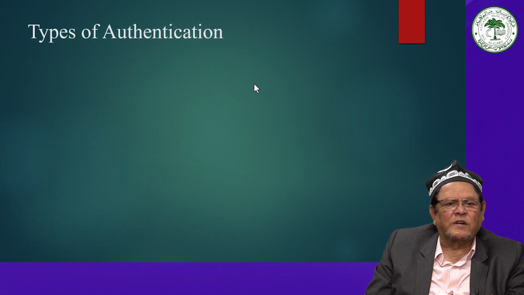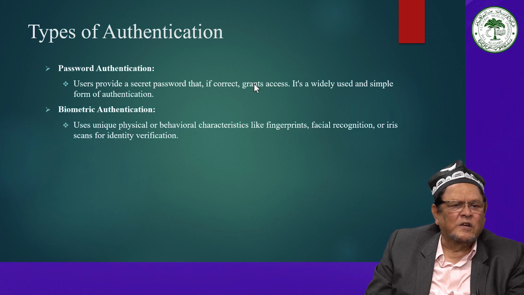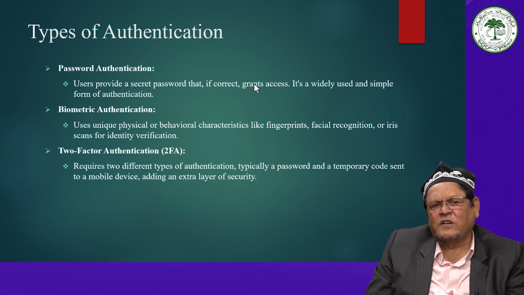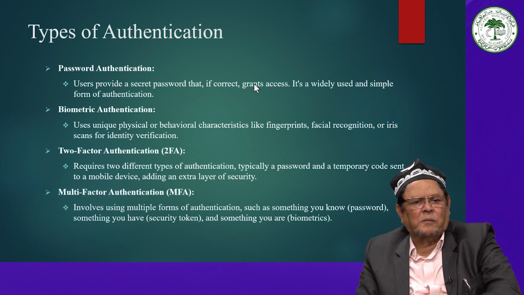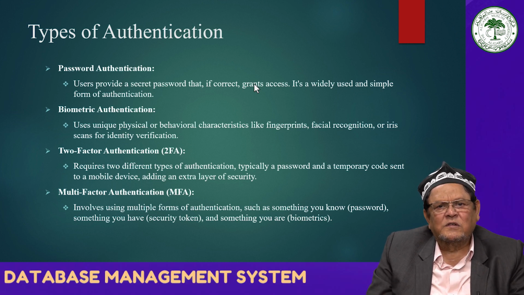Types of authentication. There are different types of authentication: password authentication, biometric authentication, two-factor authentication, and the last is multi-factor authentication. Password authentication means users have to provide a secret password.